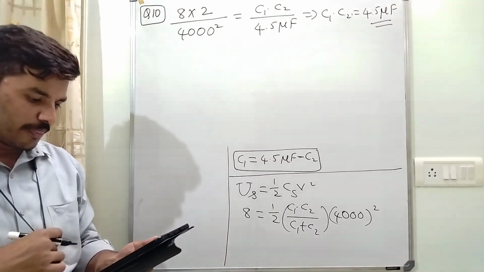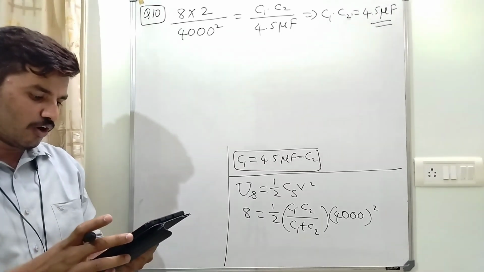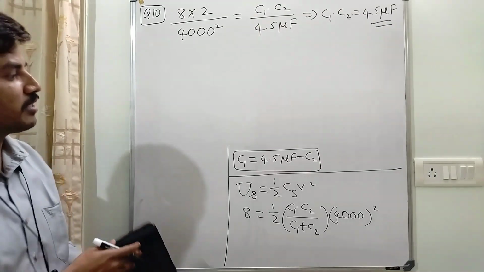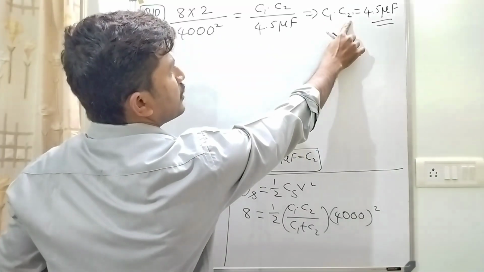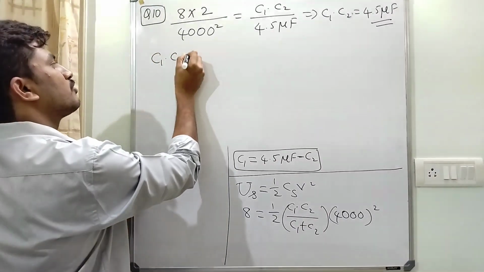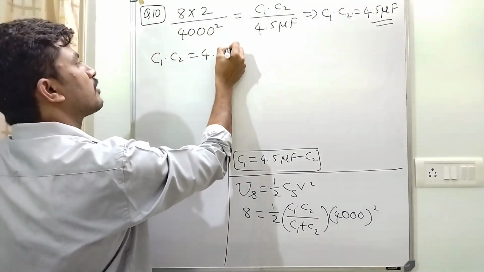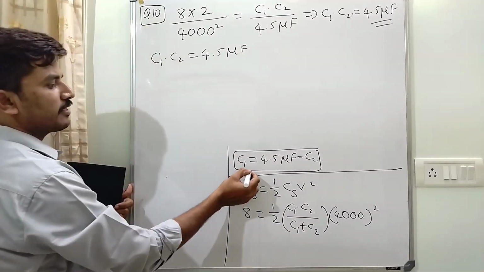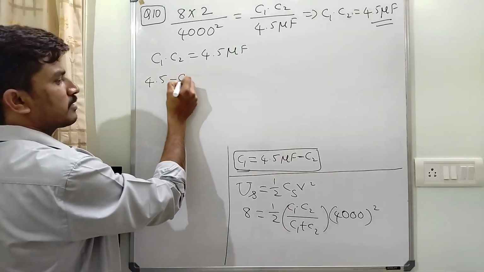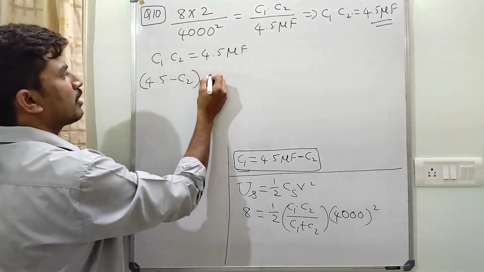Then, dear students, now we need to find the values of C1 and C2, right? So from this, if you substitute the value of C1 or C2 here, you will get the value of the other one. So here we have C1 C2 equal to 4.5 microfarad. Now substitute the value of C1 here. So that is 4.5 minus C2, into C2 as it is.